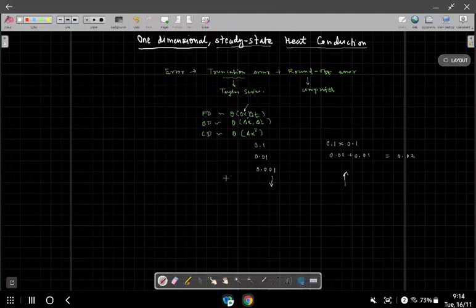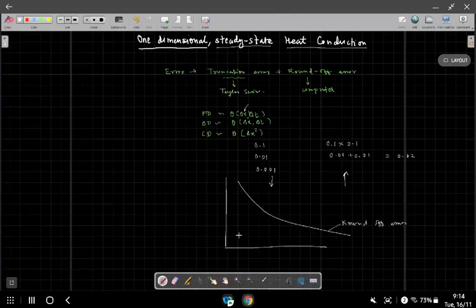So the pattern of error is something like that. This is a pattern of round off error, and the other one is a pattern of truncation error, where this is your delta x and this is error.